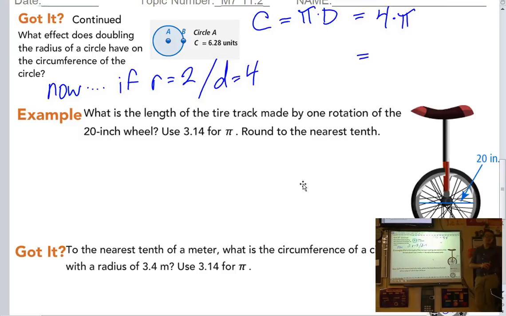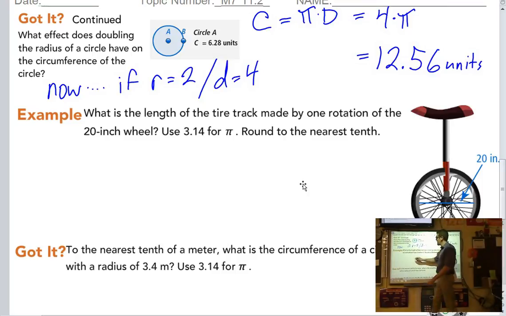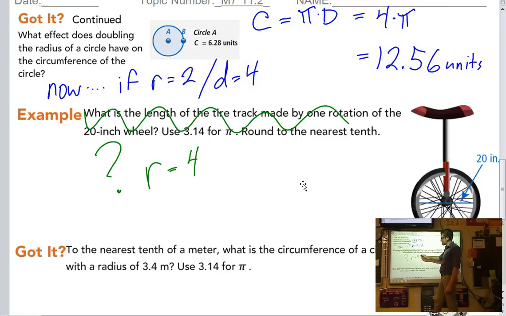And 4 pi, if we approximate pi as 3.14, now what if we did this again? You don't have to write this next one down, since it's not for the example, but what if r was 4, which would mean that the diameter is 8.